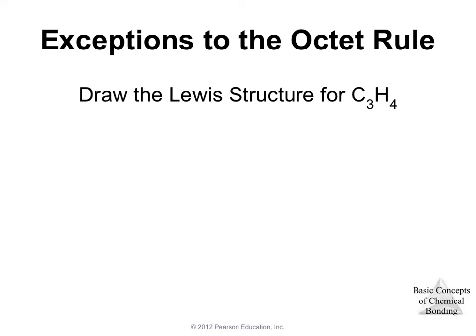Okay, let's draw the Lewis structure for C3H4. Oftentimes when we see multiple carbons, there's going to be a carbon chain. So I'm going to start by attaching those 3 carbons in the center. Actually, I need to do my count first. 4 times 3 is 12, plus another 4 is 16 total.